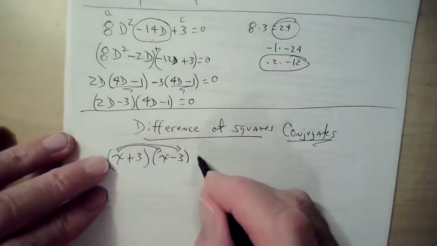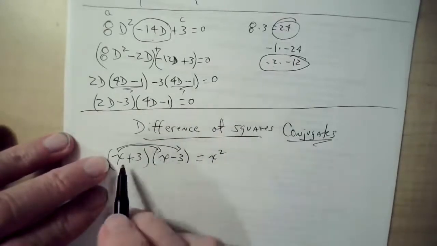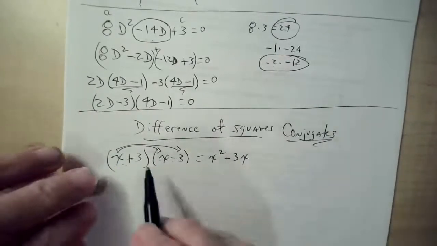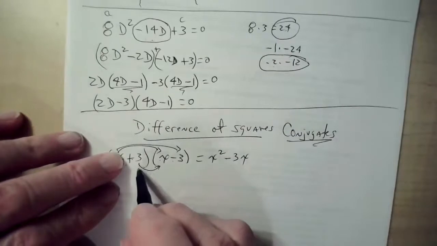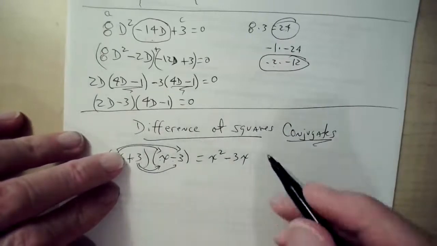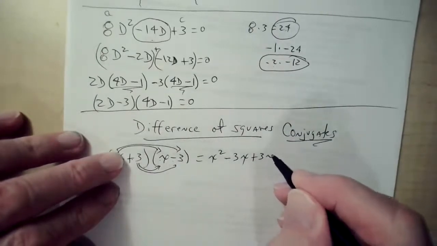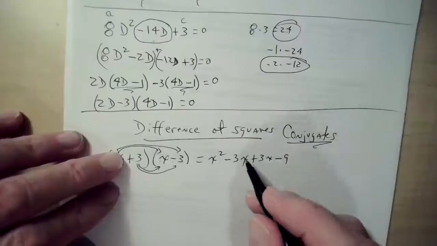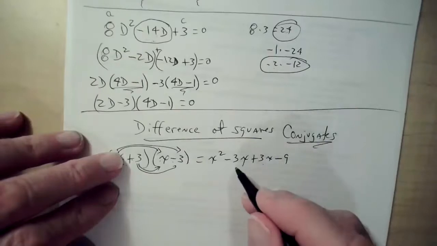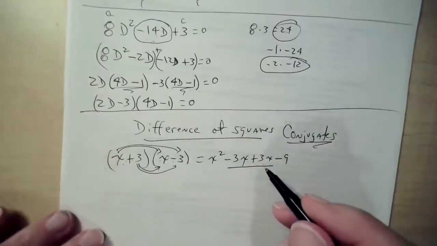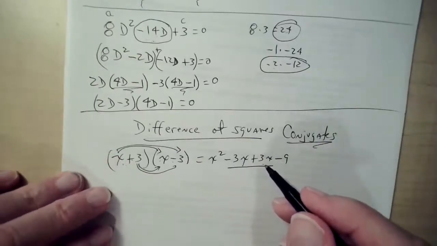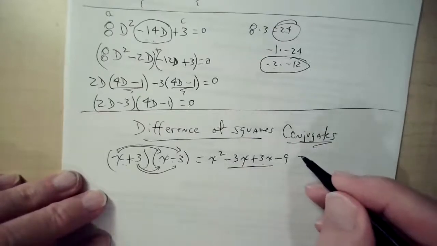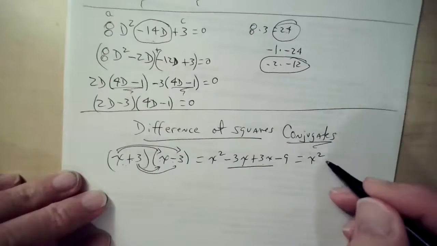Okay, we do the distributive property. x times x is x squared. x times negative 3 is negative 3x. Now we do the same thing with the 3. 3 times x is positive 3x. 3 times negative 3 is negative 9. 3x minus 3x is 0. It's eliminated. Any number minus itself is 0.